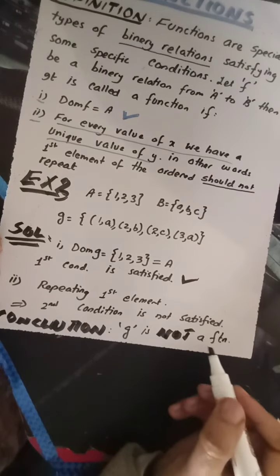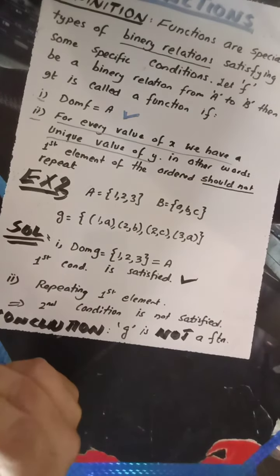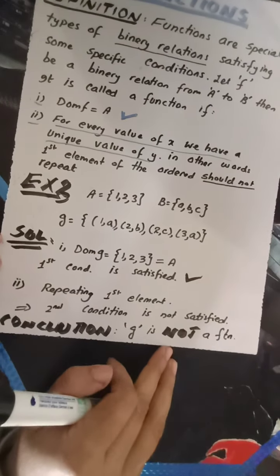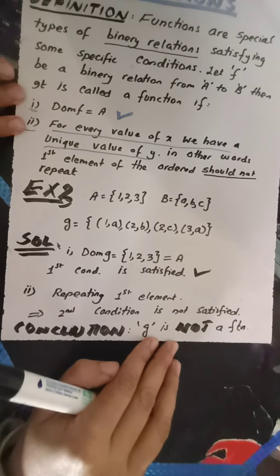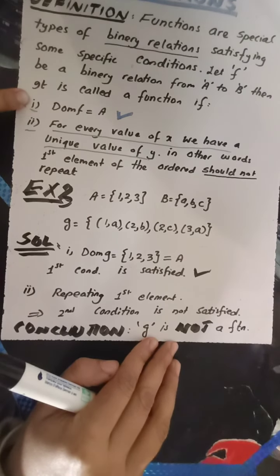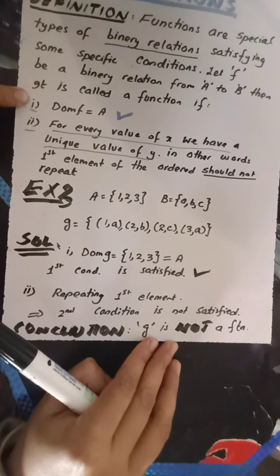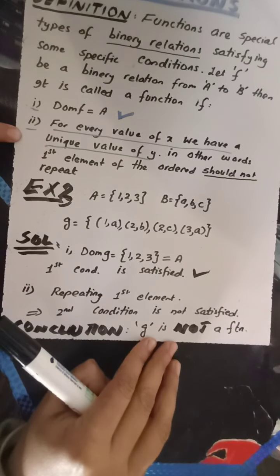So this is how you check whether a given binary relation is a function or not. We have done 3 examples. In the first example, both the conditions were satisfied. In the second example, the first condition was not satisfied, which is why we said that the given binary relation is not a function. Then in example 3, the first condition was satisfied but the second was not.